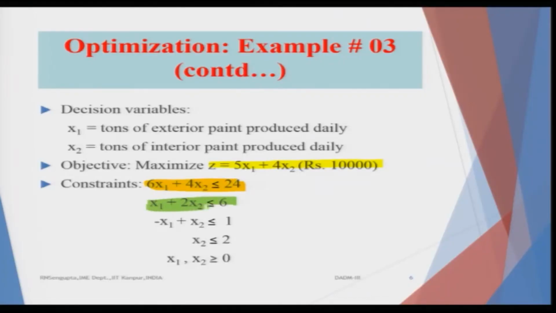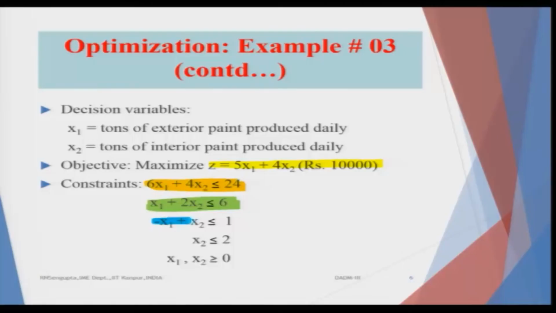Let me highlight it. The third and fourth constraints were mentioned when the problem was being formulated. There were some concepts related to the total utilization of exterior paint and interior paint. Let us check what the third and fourth constraints are.